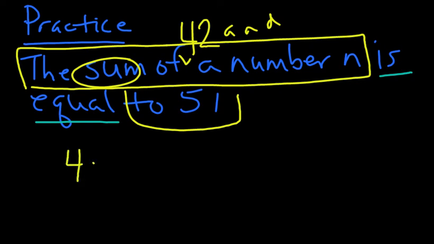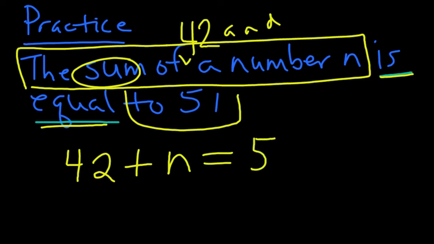So 42 plus n. That's that side. Then we've got the middle, is equal. That's an equal sign. Then we have the next side, 51. The sum of 42 and a number n is equal to 51.